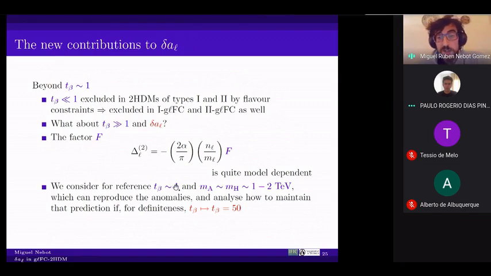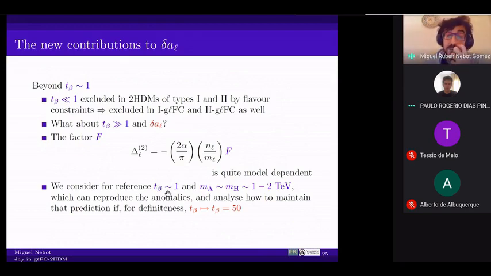With respect to this naive situation in which I was taking tan beta 1 and those masses in that 1 to 2 range, let's say I want to see if tan beta 50 works. I know that for some values, like those ones, the thing works.